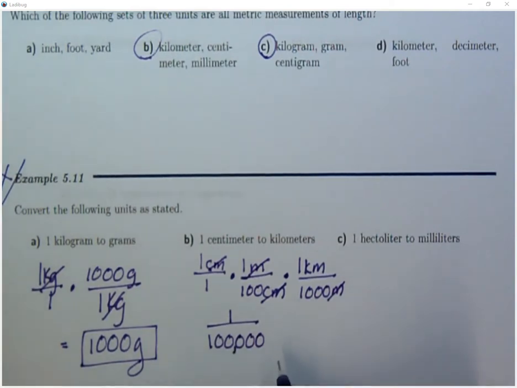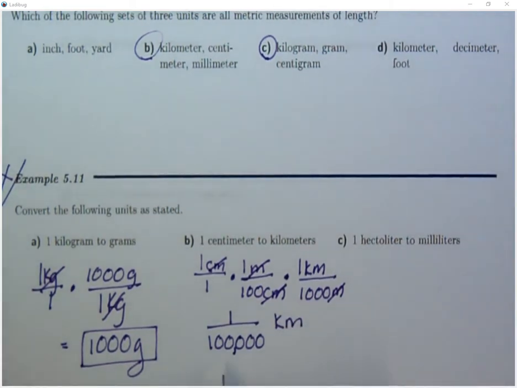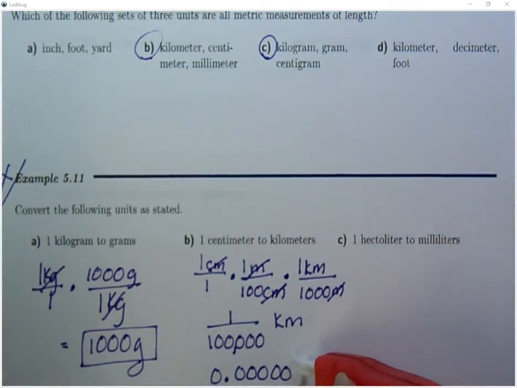Use your commas, and that's in kilometers. So 1 over 100,000 will look like this. Move the decimal over. Should be a 1 on the end. So I'm going to have 5 zeros and a 1. And that's in kilometers.